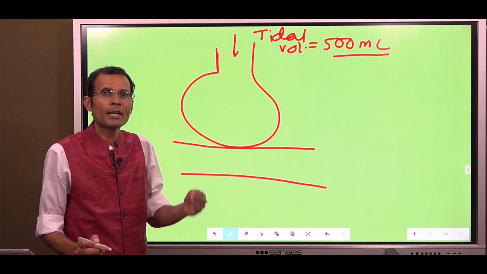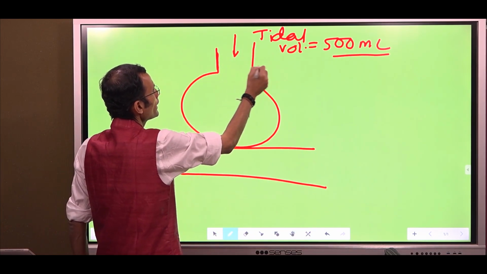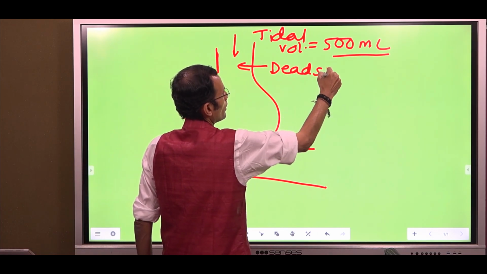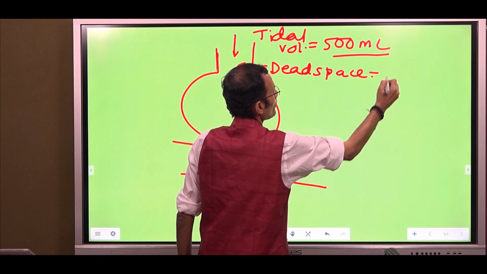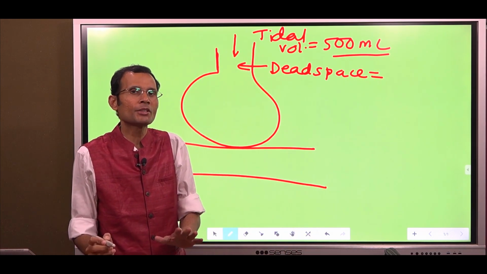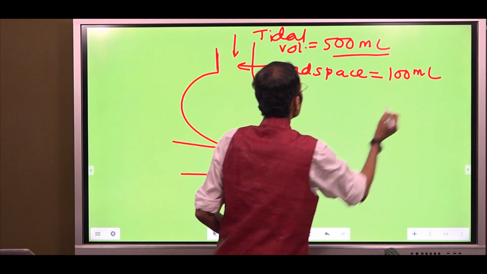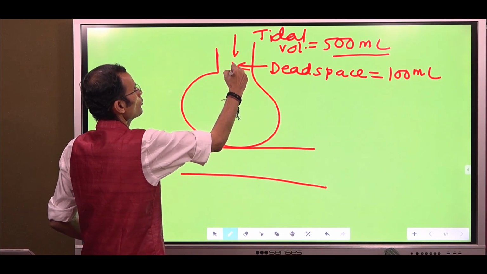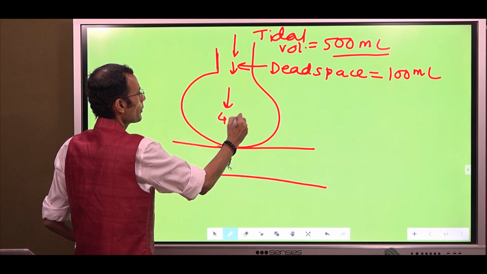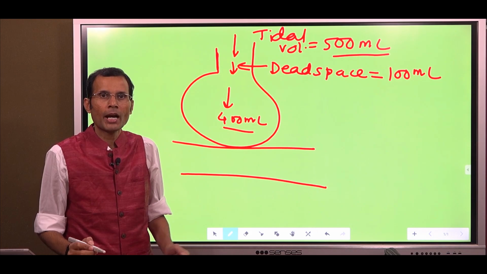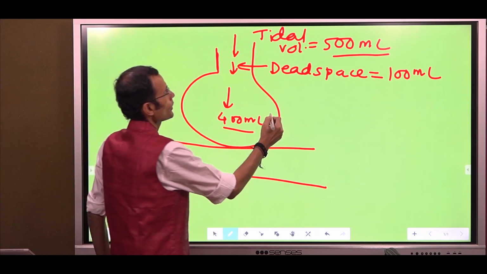Out of this 500 ml, roughly 150 stays in the dead space. Let's take, for the sake of simplicity of calculation, let's say 100 ml stayed in the dead space, which means 400 ml reaches the alveoli and ventilates the alveoli.